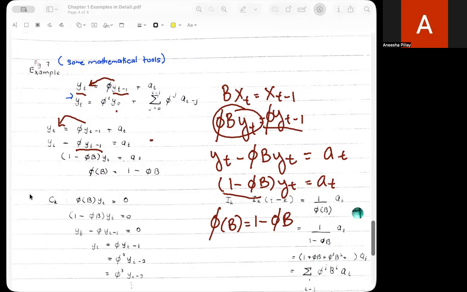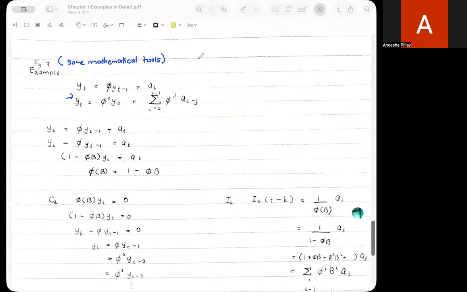I'll give you another example here. Let's say I have xt equal to 2 xt minus 1 plus 3 xt minus 2 plus at.